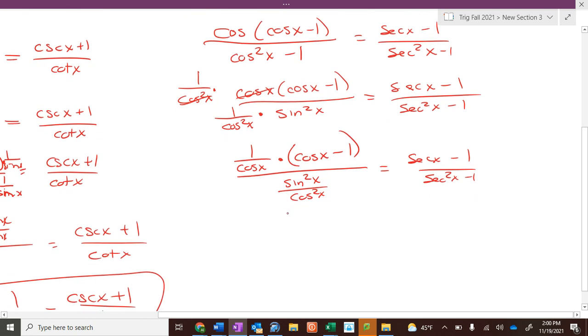So if I distribute on the top, I get cosine of x over cosine of x minus 1 over cosine of x equals, I think there's something that I did maybe wrong on this, but whatever.